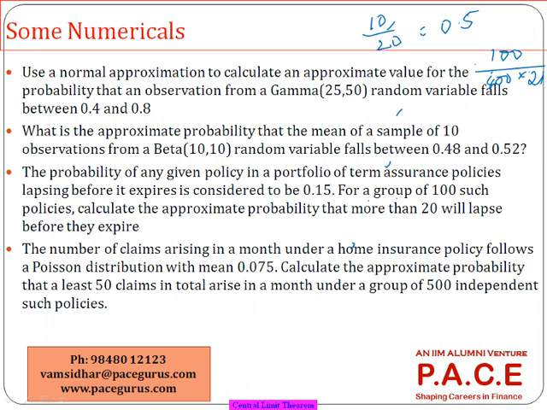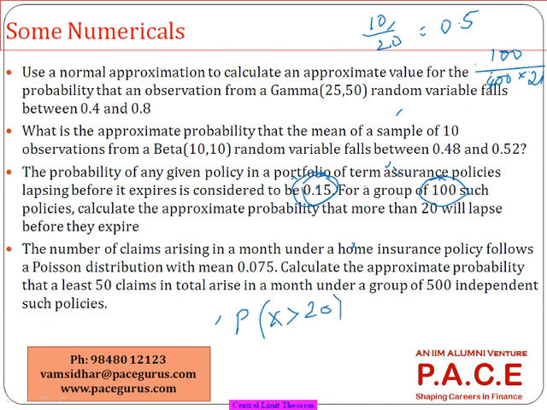Again, the same, probably here I would have to use the binomial distribution in a normal case. 100 policies, each policy, the chance of expiring is 0.15, which means the chance of not expiring is 0.85, right? So basically it would have been like a probability of x greater than 20.